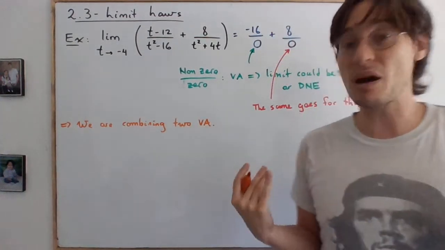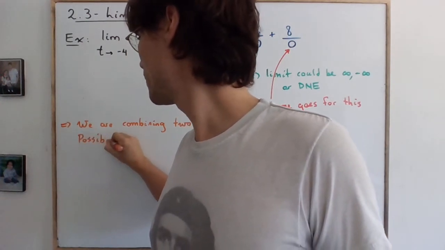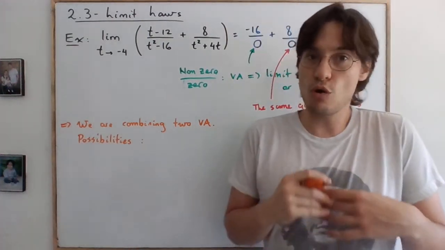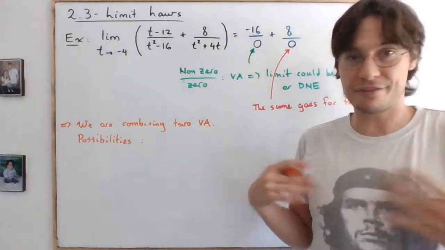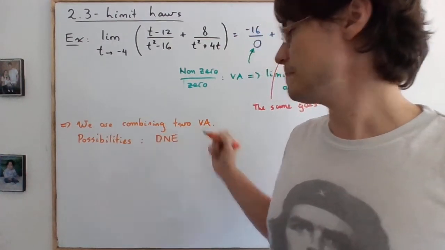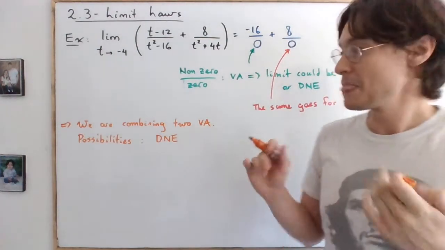And here are the possibilities. First off, the limit could fail to exist. That is the most common possibility. It could fail to exist, and we cannot say anything else.